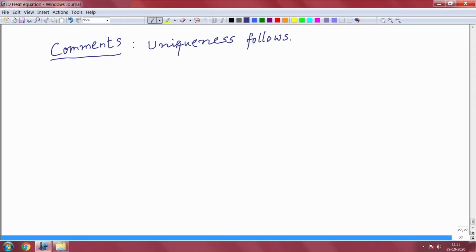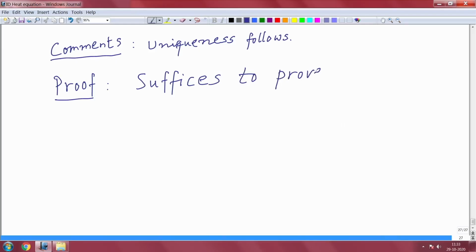So, another comment. Regarding the proof, first some observations. So, it suffices to prove statement 1. So, this is the first observation, prove statement 1. Why is that?